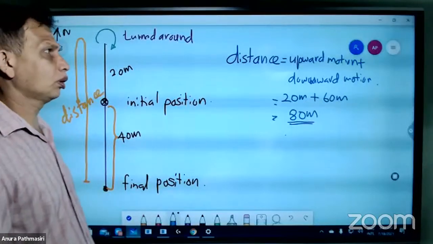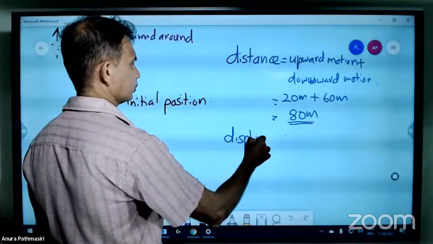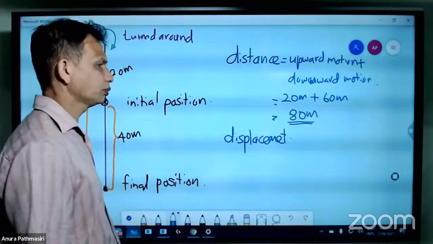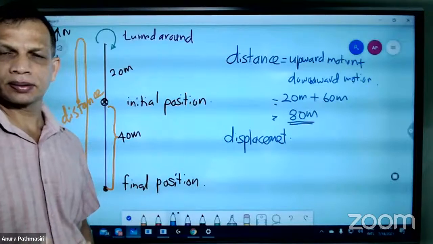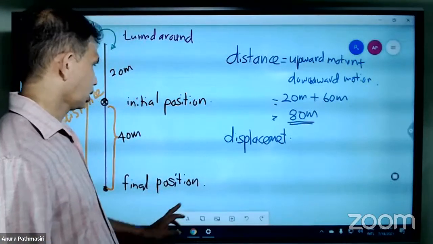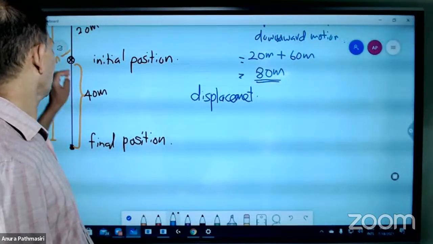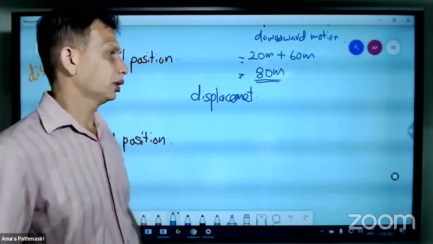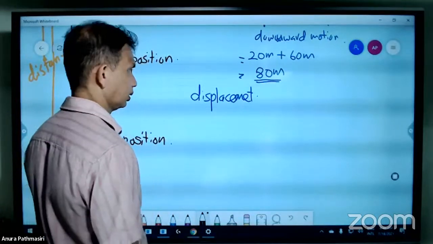But when you think of the displacement, how can you find out the displacement? That is the point we want to consider exactly. Now let's see how the displacement can be. You want to consider the particular direction and the opposite direction.